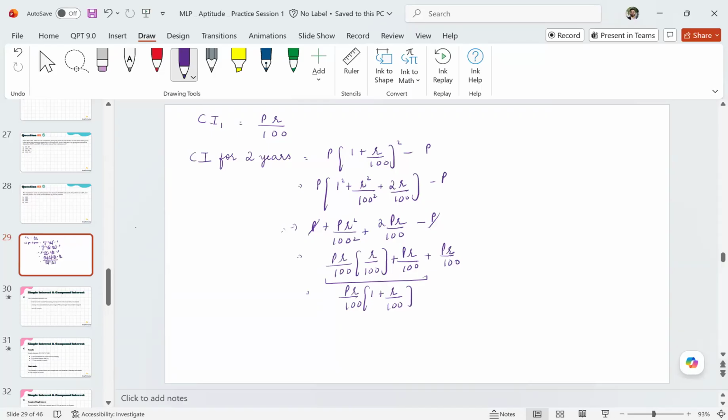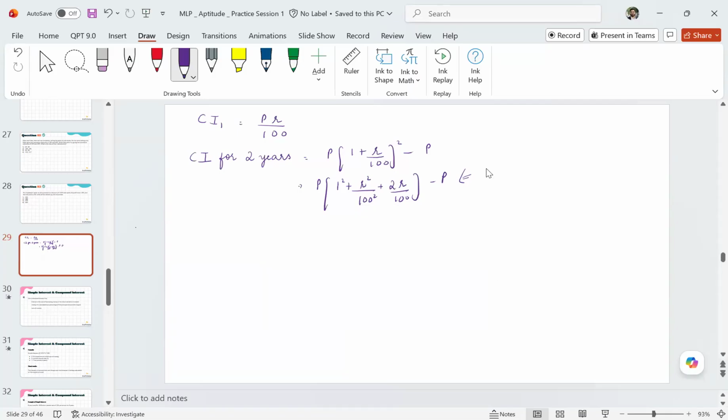So can you explain the second step here? Which one? This one? The second step, yes. Okay. What is (A plus B) whole square? (A plus B) whole square is equal to A square plus B square plus 2AB, right? So here (1 plus R upon 100) whole square will be 1 square plus (R upon 100) whole square plus 2R upon 100.